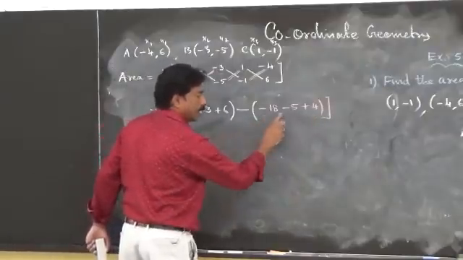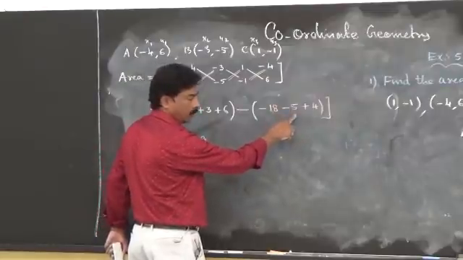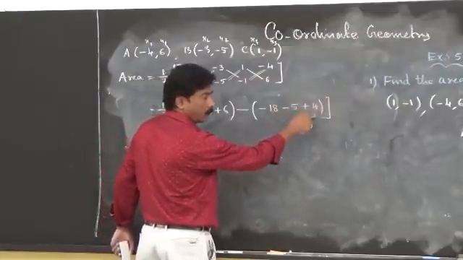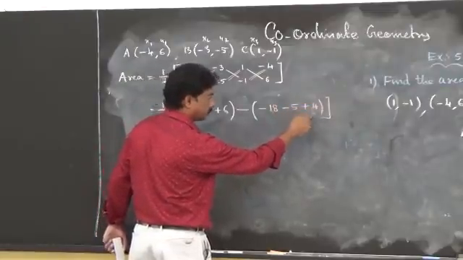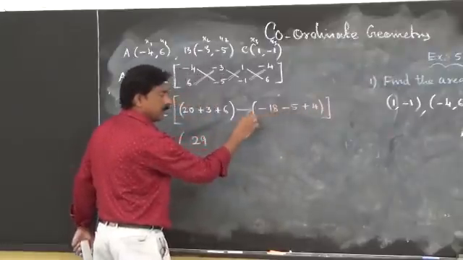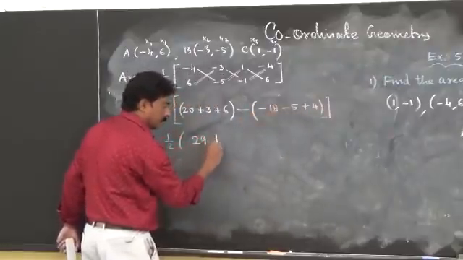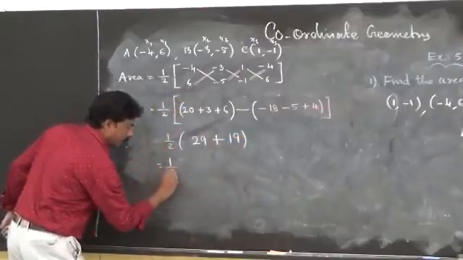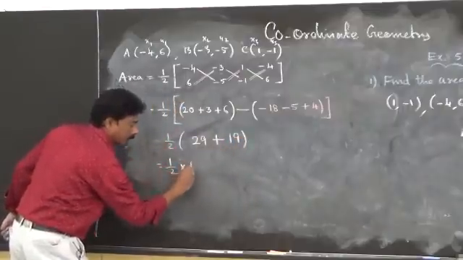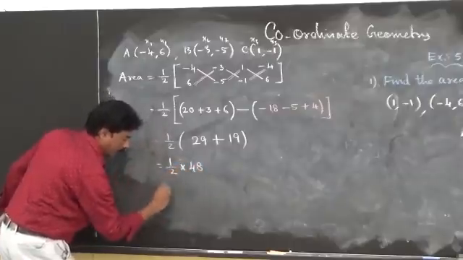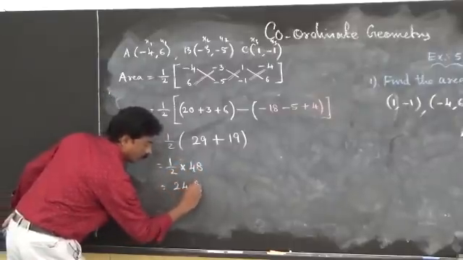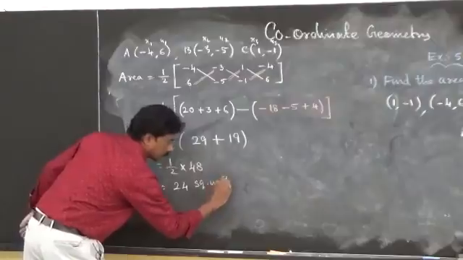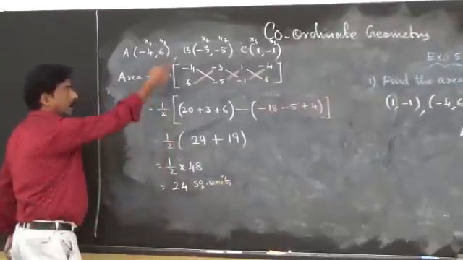In this bracket, minus 18 minus 5 is minus 23. Minus 23 plus 4 is minus 19. So minus, minus 19. Minus into minus becomes plus, plus 19. So when you add, 29 plus 19 is 48. Half of 48, you will get 24. So 24 square units. So what is the area of the triangle?